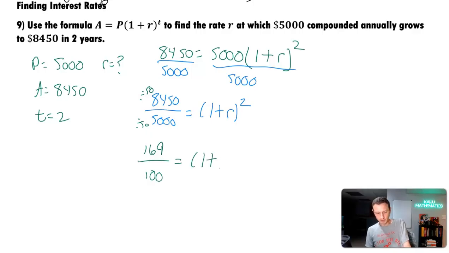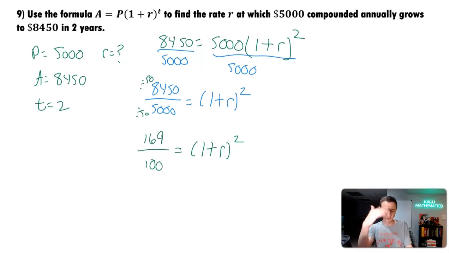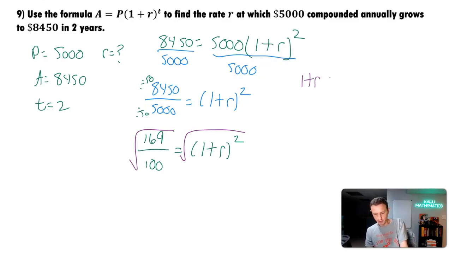So then we get 1 plus R squared. I was going to do 5 and then 10, but 50 works too. Let's take the square root now. So we get 1 plus R equals plus minus, look what happens, square root of 169, 13, square root of 100, 10, so 13 over 10.